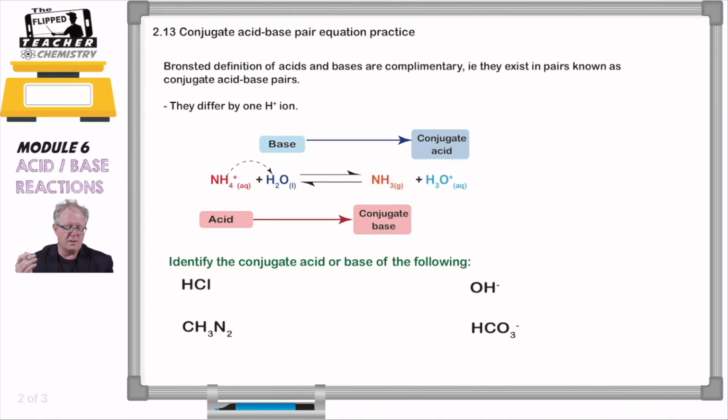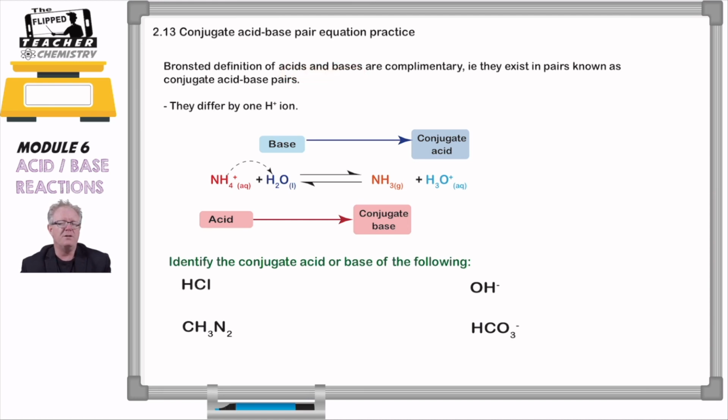So conjugate acid-base pairs, if we were to provide a definition, would be something like this. In the Brønsted-Lowry definition, we said that we have acids and bases that can accept H+ or donate H+.